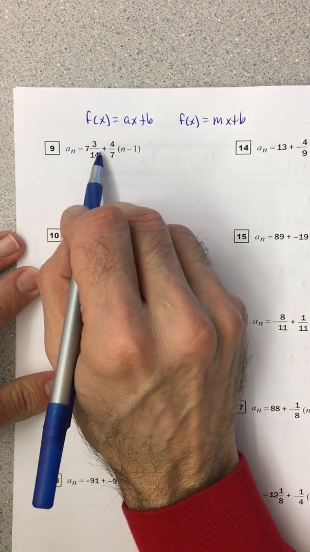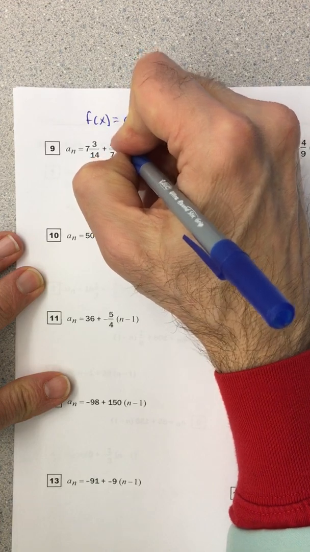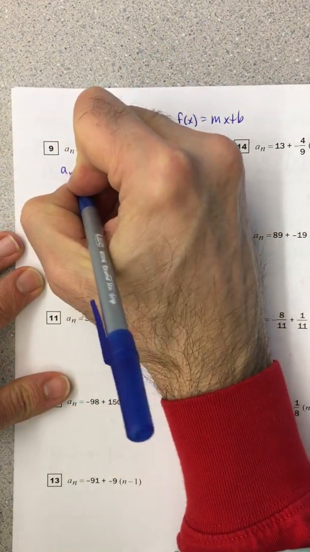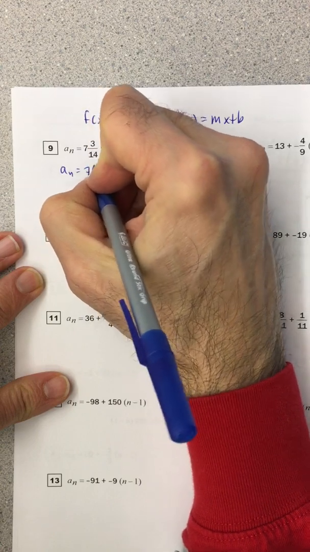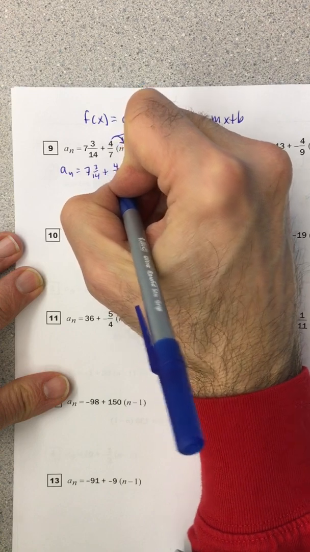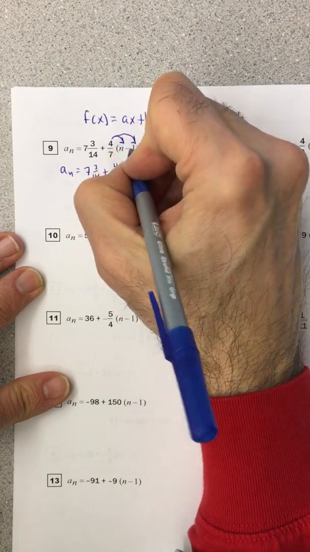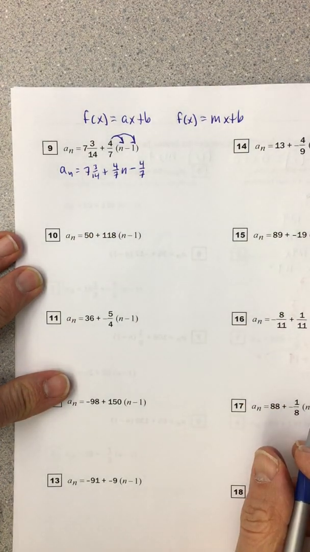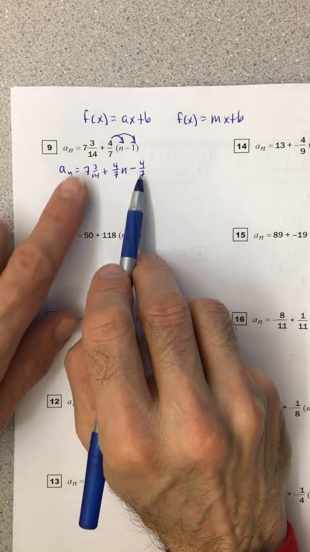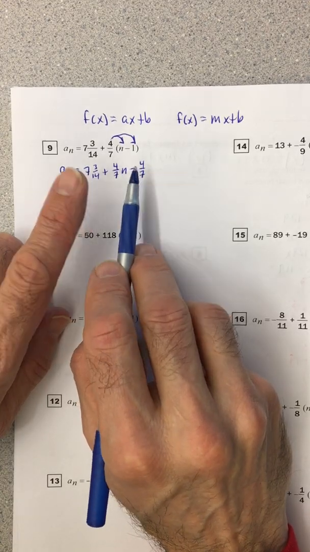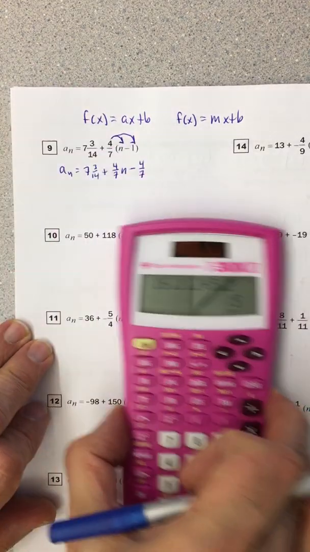Okay. I'm going to start off the same way. Distribute the 4/7. an equals 7 and 3/14 plus 4/7 n minus 4/7. All right. I need to combine my like terms. This has an n. These don't have n, so I got to combine those. Go back to the calculator.